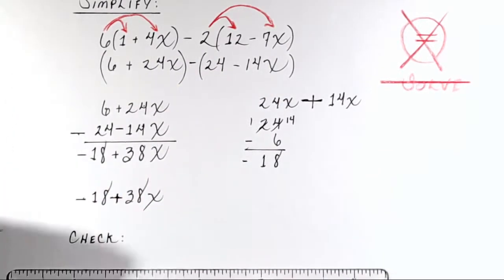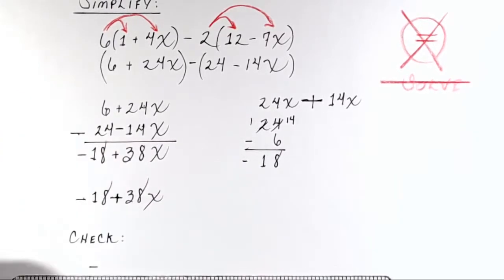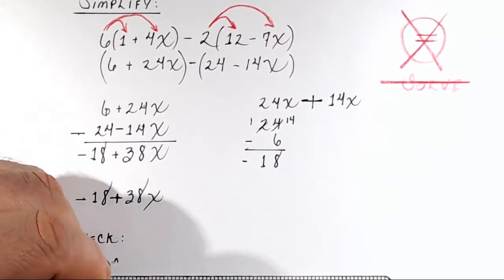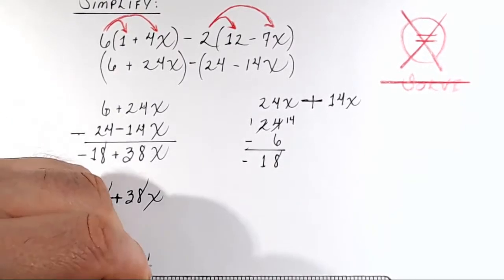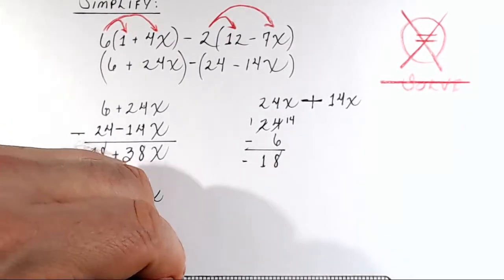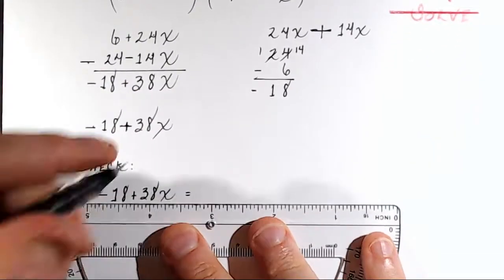So what we'll do is put our answer that we think, negative 18 plus 38x, is equal to question mark.